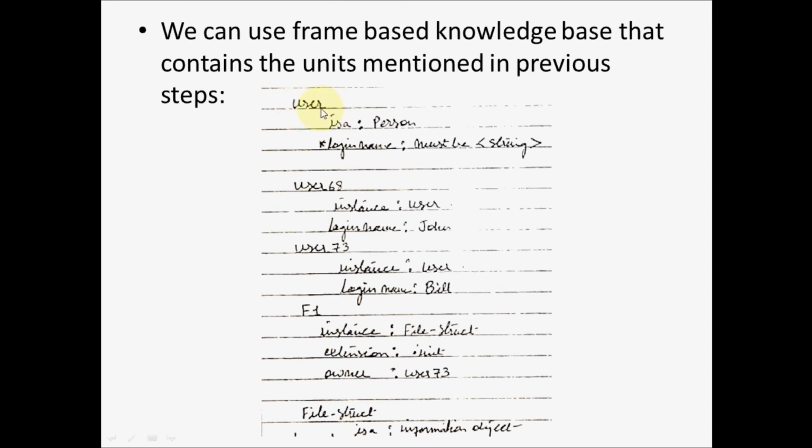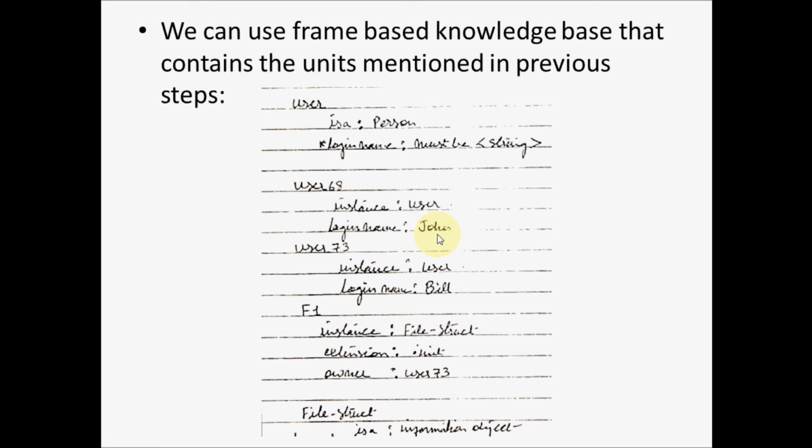Now user is a person whose login name must be a string. Now user 68 is one such user, so it's an instance of user whose login name is John. Now why is this important? Because I want to print Bill's file, correct?